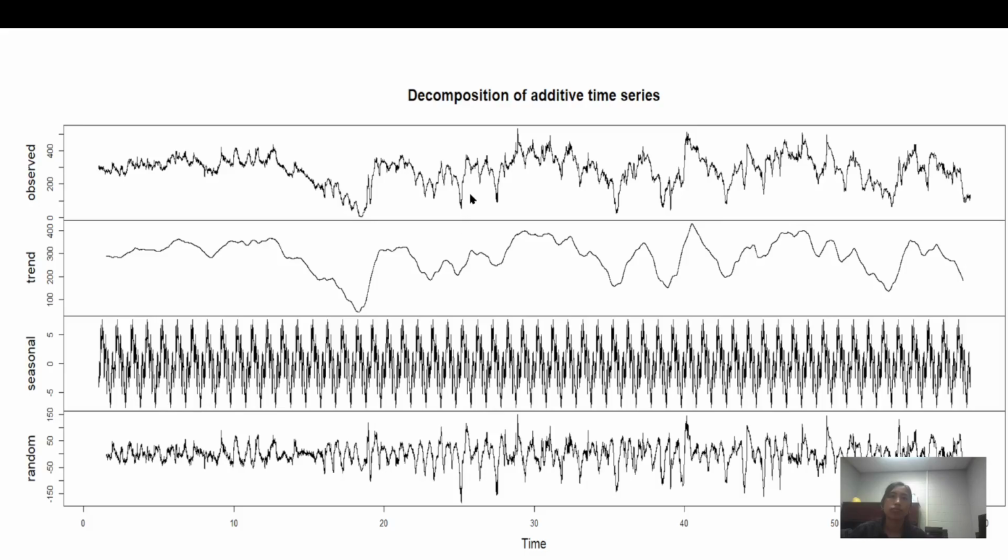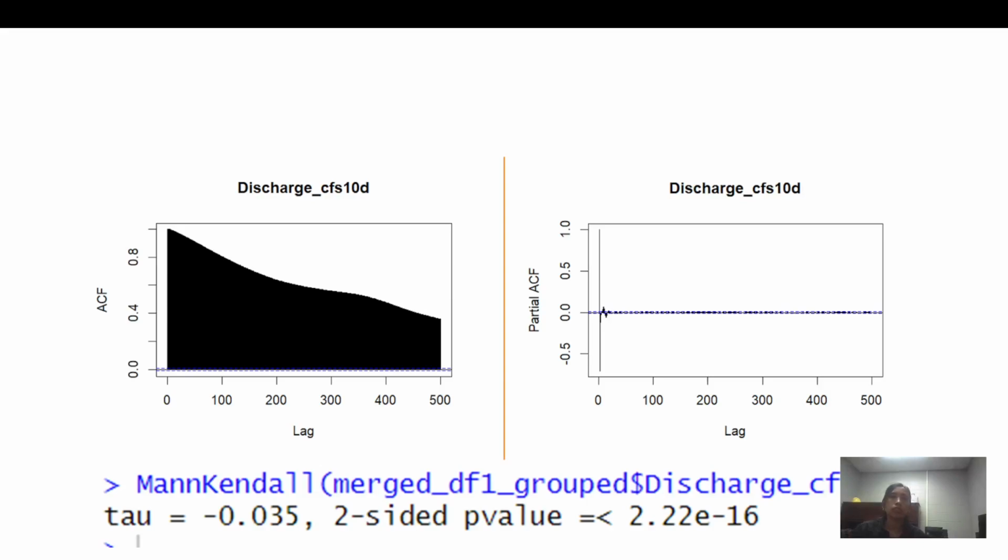Next are the ACF and PACF for Comal. Here there is no higher trend as in the J17 data. In Mann-Kendall also, the p-value is small, so we can see the trend in the data.